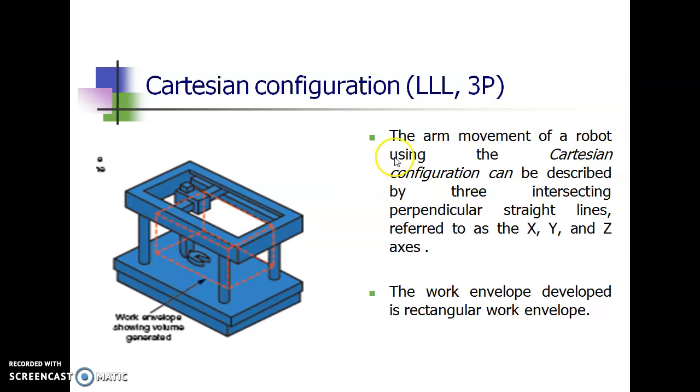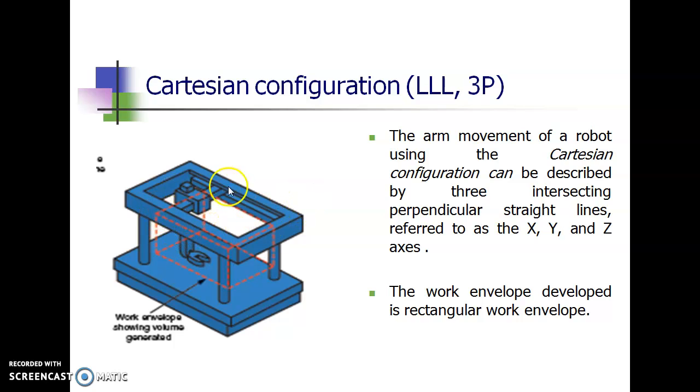Here, the arm movement of the Cartesian configuration can be described by 3 intersecting perpendicular straight lines referred to as X, Y and Z axes. So you can see from the diagram, we call them X, Y and the vertical direction, which we call Z. This is the X direction, this is the Y direction, and this is the Z direction.